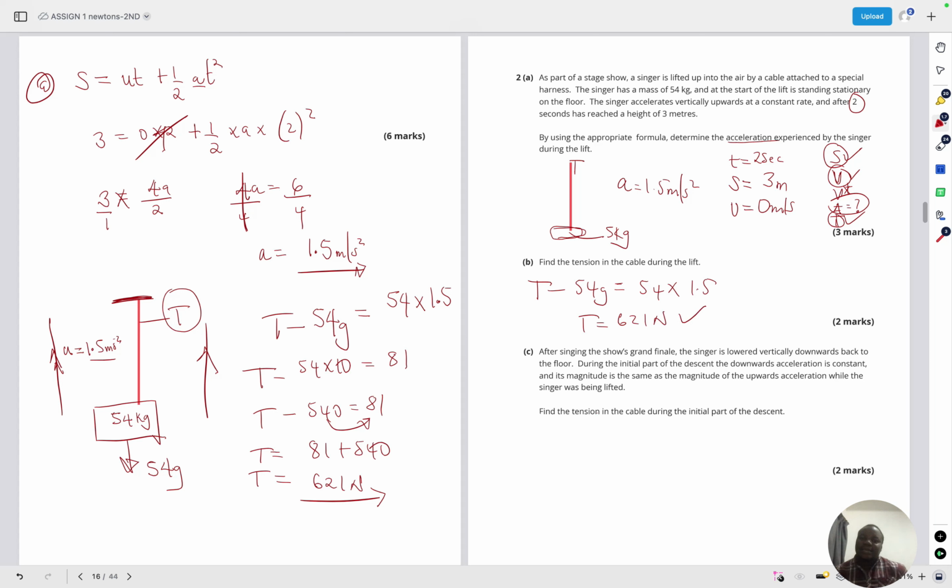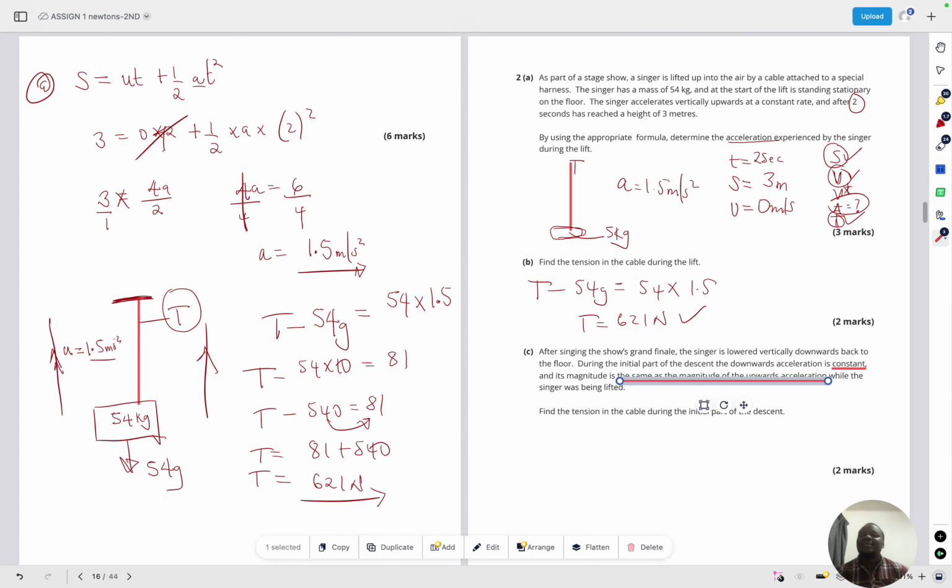And then C says after the show's grand finale, the singer is lowered downwards back to the floor. During the initial part of the descent, the downwards acceleration is constant and its magnitude is the same as the magnitude of the upward acceleration.